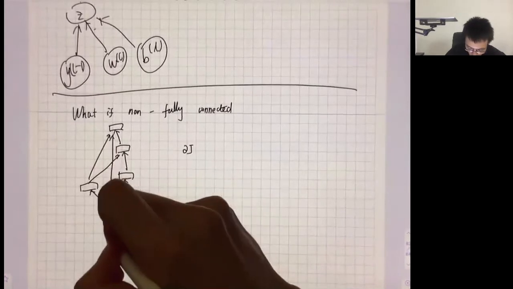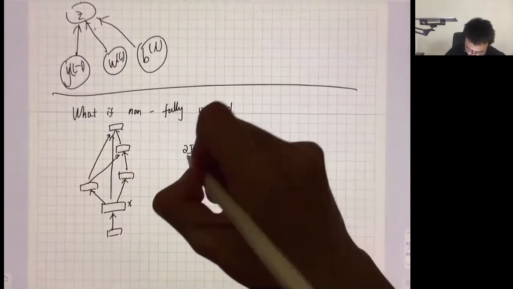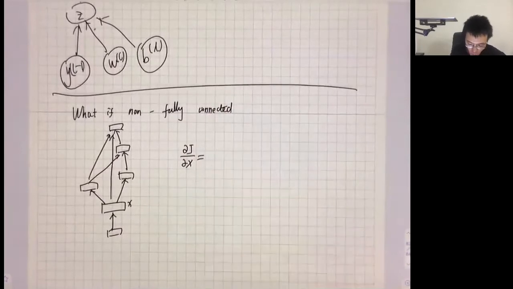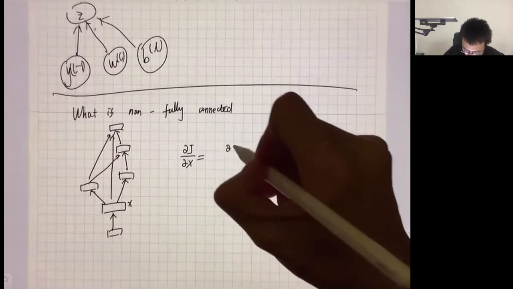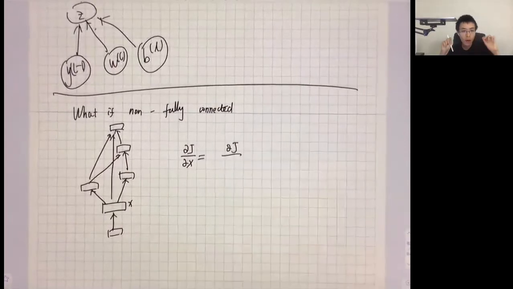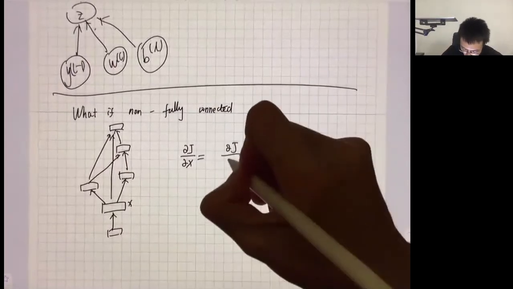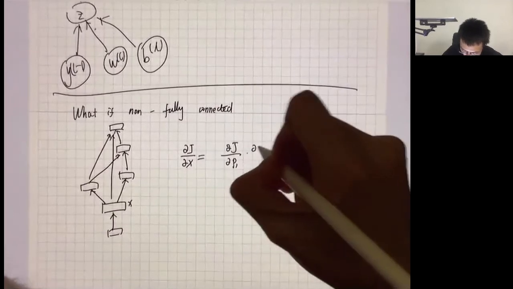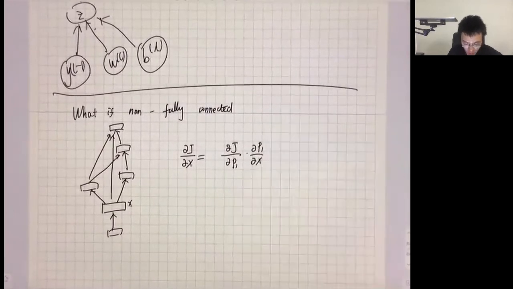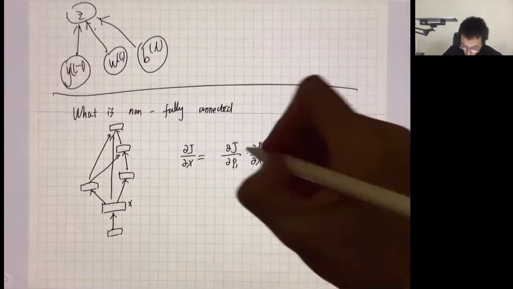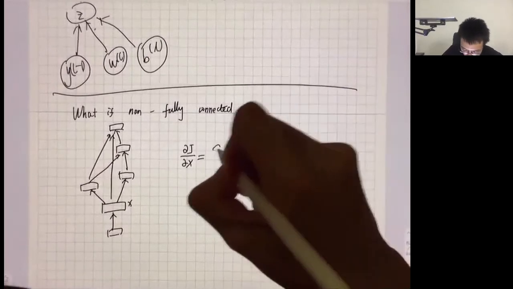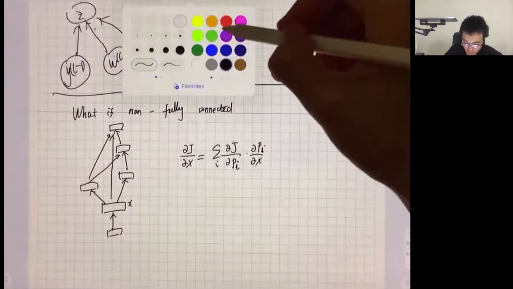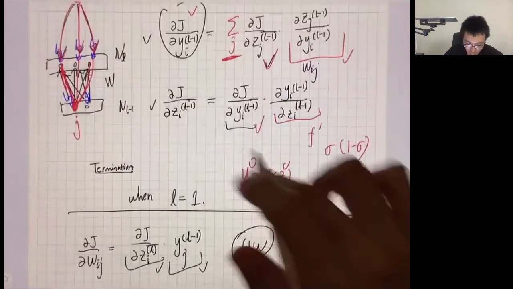Maybe it's on some lower layer. But the partial derivative of J with respect to this X is actually the partial derivative of J with respect to all paths, okay? So you can think of it as path 1, the partial derivative of path 1 with respect to X, okay? But you have different paths, so you can take the summation of them, right? So it's exactly the same thing here.